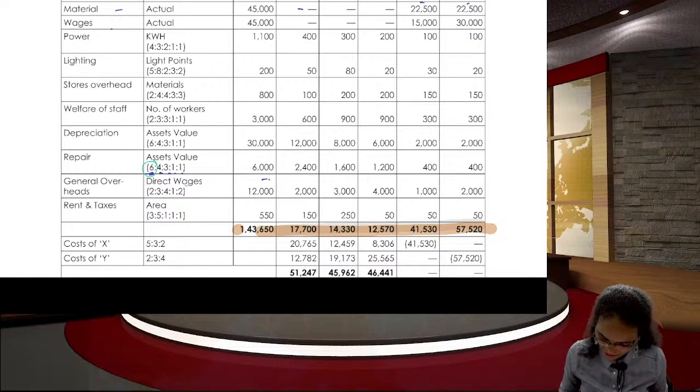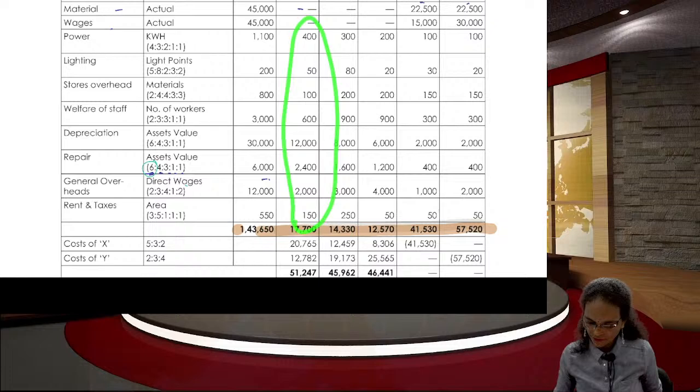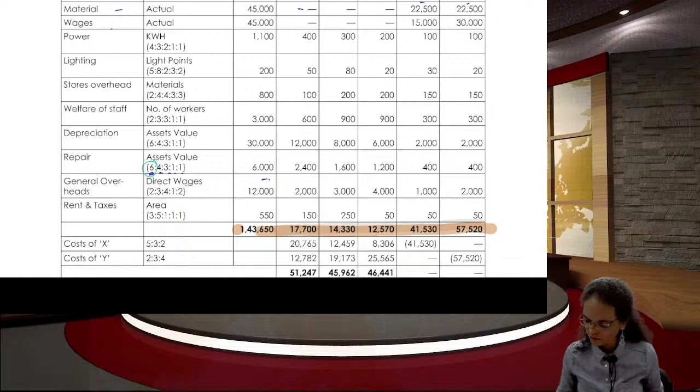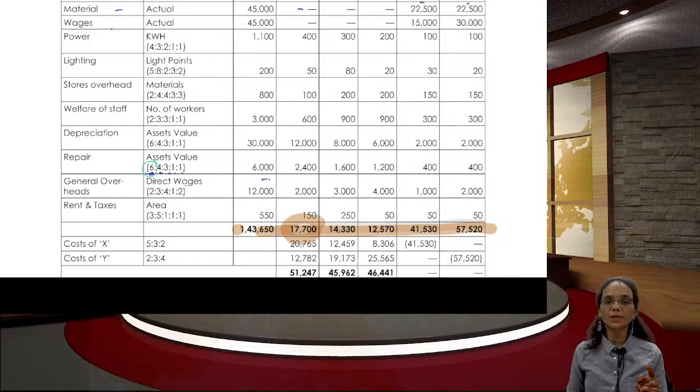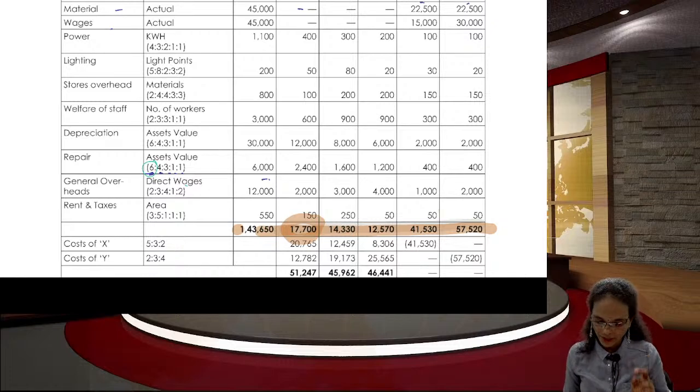This one I am taking for the first one. 400 plus 50 plus 100 plus 600 plus 12,000 plus 2,400 plus 2,000 plus 150 is nothing but 17,700 rupees. That is the expenditure incurred for the overheads for the production department A.